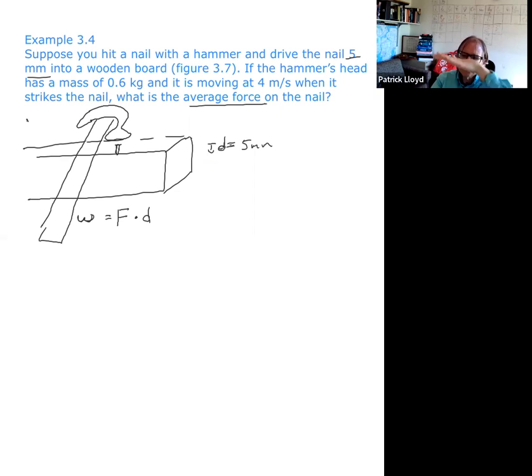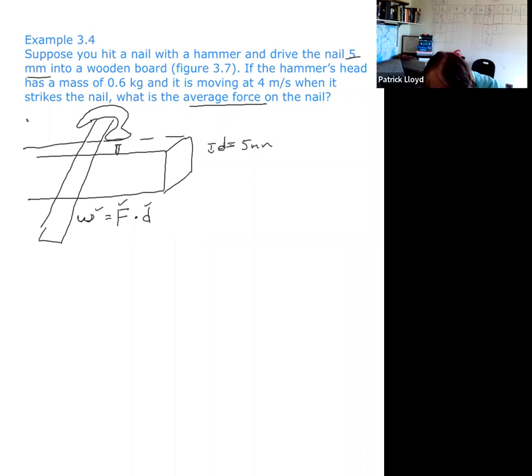We want to find out how much work we did by moving that nail. The problem is that we don't know the work, and we also don't know the force. We just know the distance, the depth of 5 millimeters. So we know D, but we don't know W or F. We're kind of stuck here.